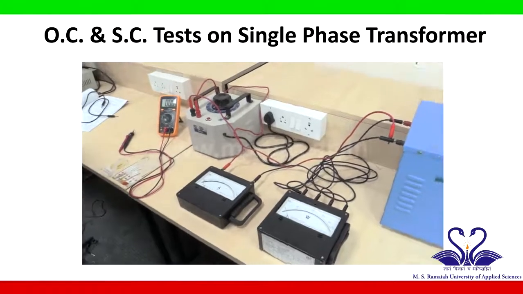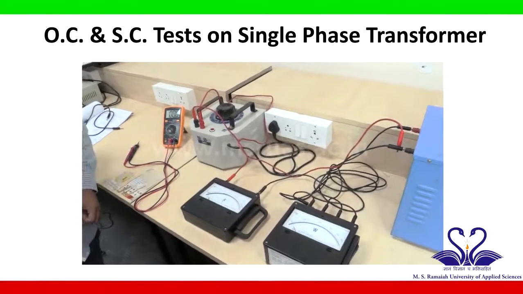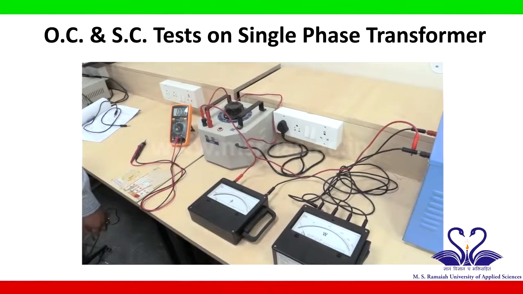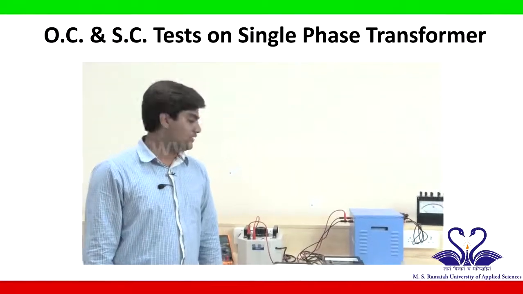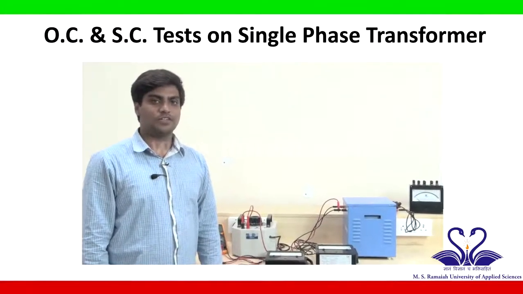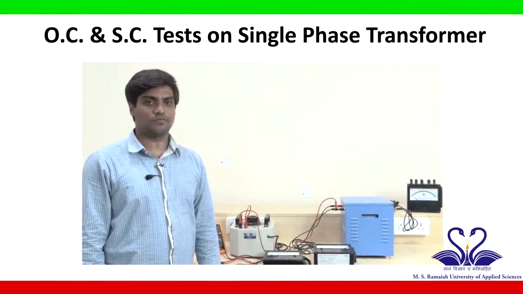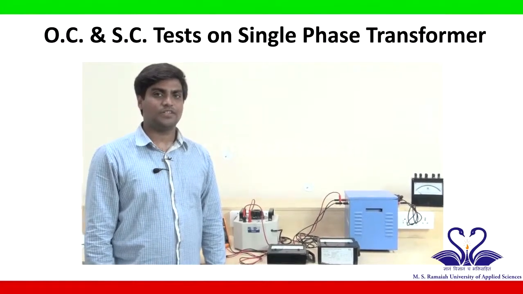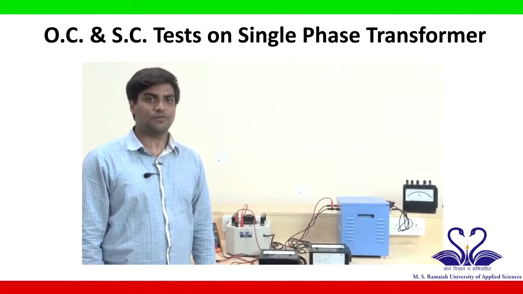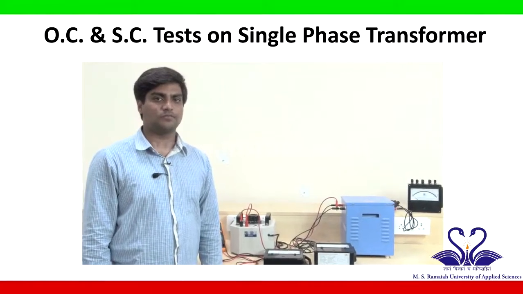Tabulate all the readings and carry out the calculation. This completes the open circuit test and short circuit test on a single phase transformer. Now calculate the efficiency and regulation of the single phase transformer from the obtained values.